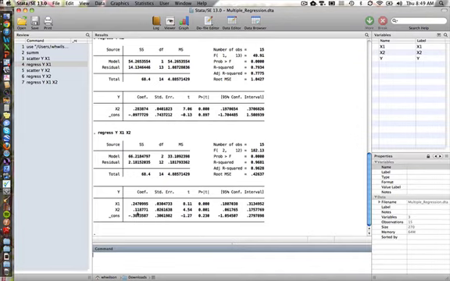Now let's go back over here to the lower left part of our regression box, and we can see the coefficients for the two different components of our equation.